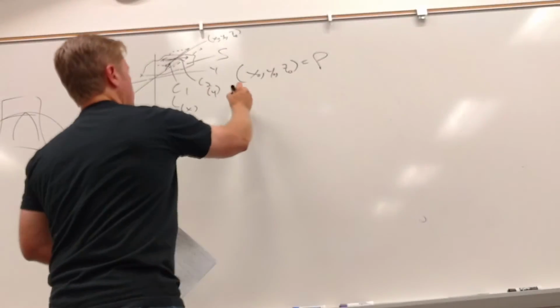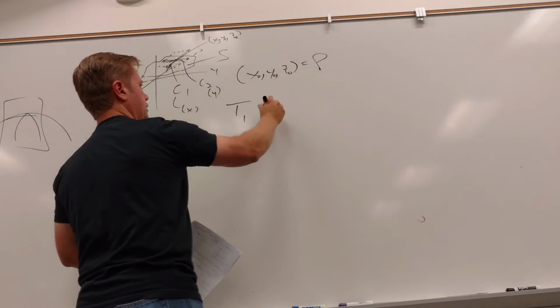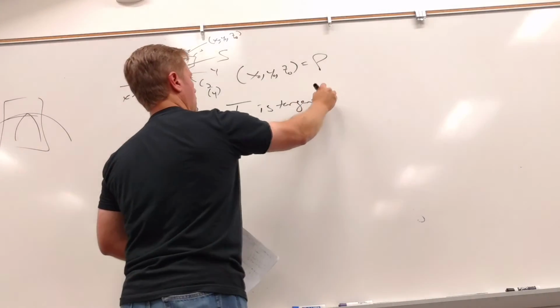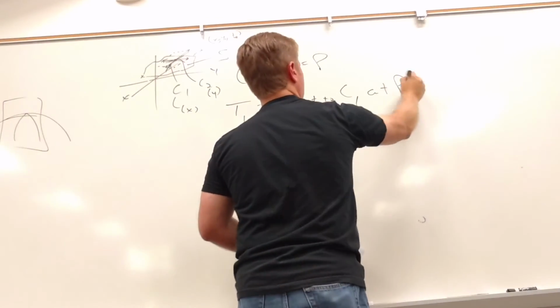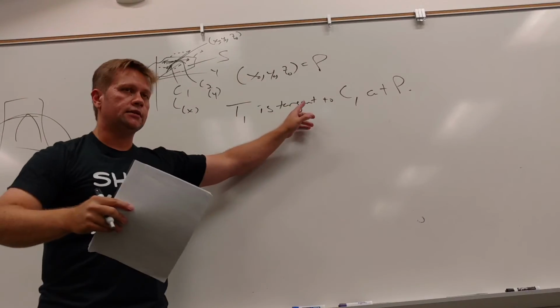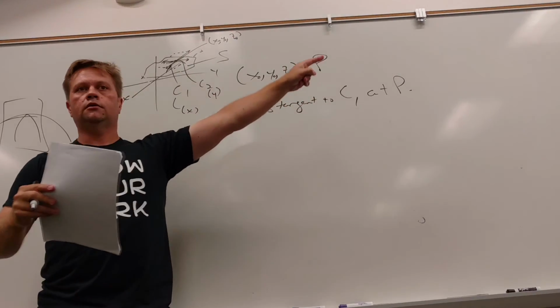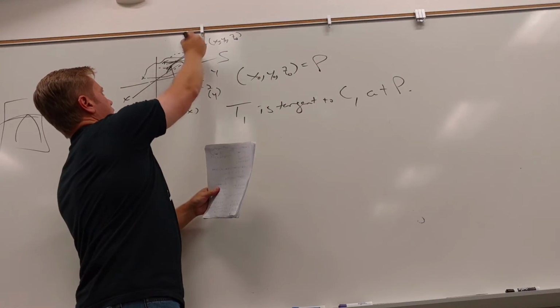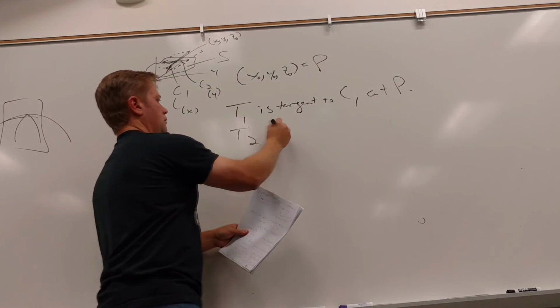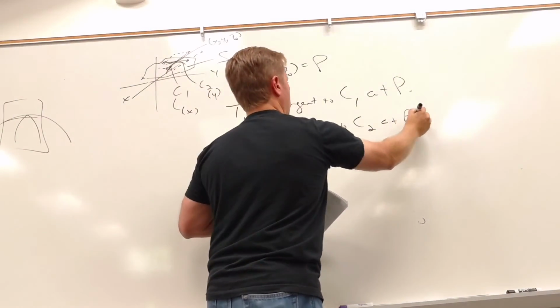T1 is the tangent line that is tangent to C1 at P, the curve of intersection at P, like this line here. T2 is tangent to C2 at P.